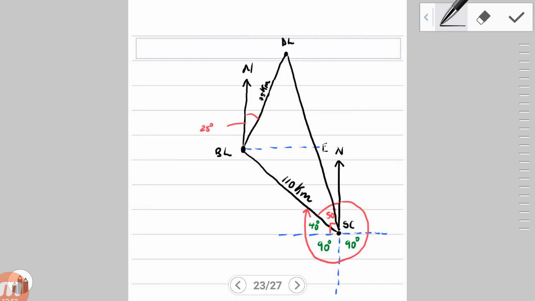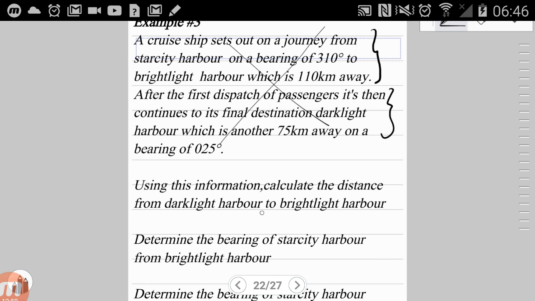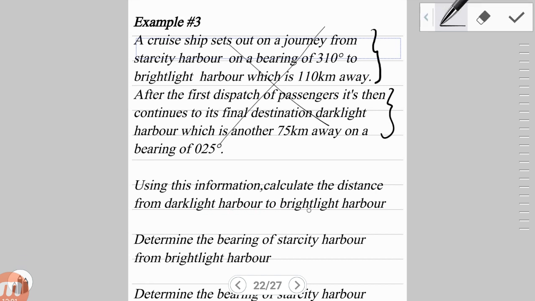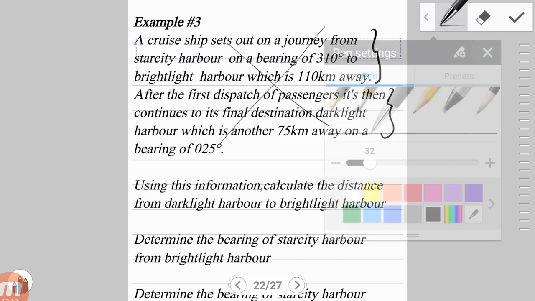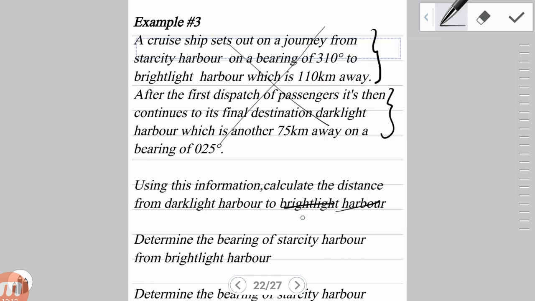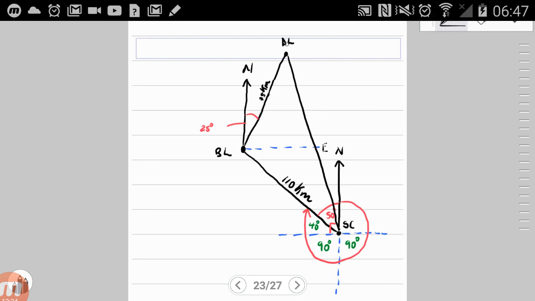So what exactly are we looking for? I think I may have made an error in the typing. It wouldn't have been Dark Light Harbor to Bright Light Harbor, but rather Dark Light Harbor to Star City Harbor. I would have already had the distance from Dark Light to Bright Light, which is here.